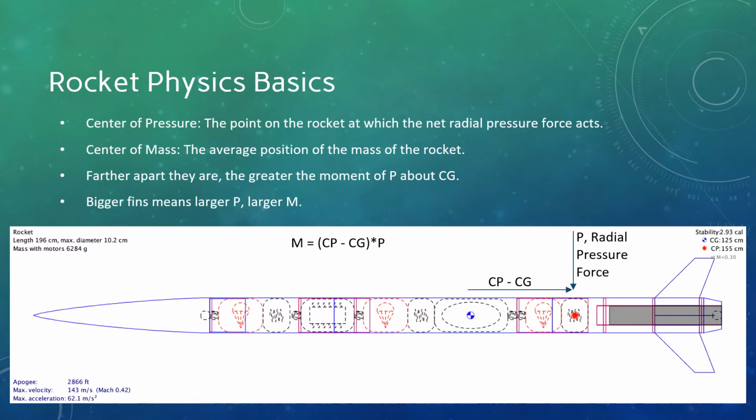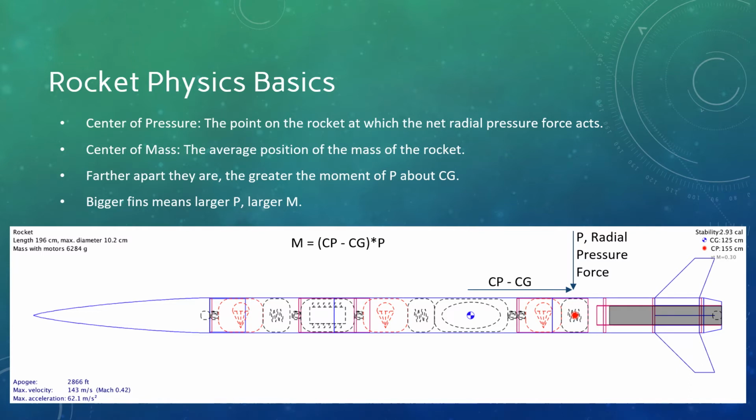Then the center of mass is the average position of the mass of the rocket. So if the rocket's going to pivot in midair because of radial pressure forces acting on it, it's going to pivot about that center of mass. You could think of the center of mass as a bit of a fulcrum.